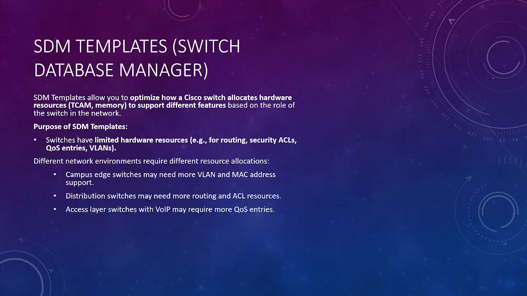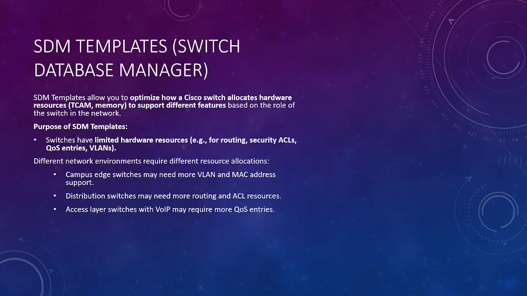So different network environments require different resource allocations, right? Consider you have a campus switch that needs more VLANs and MAC addresses to be supported because you are in a college campus. Consider you have distribution switches, which are higher than the access layer. They may need more routing and ACL resources: you need L3 capability and the access control list resources.